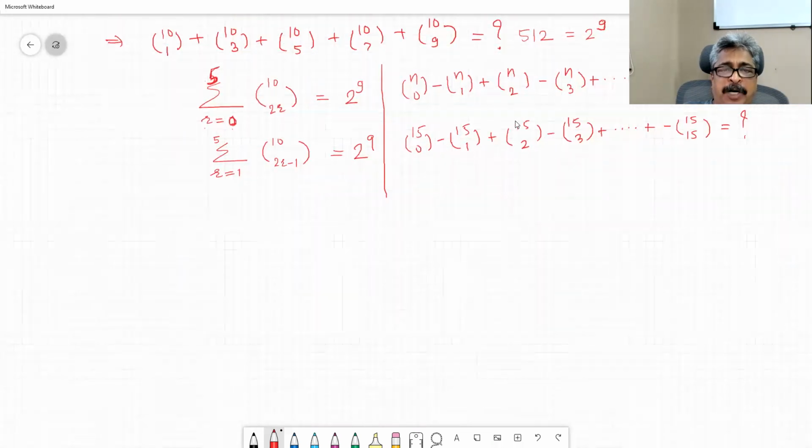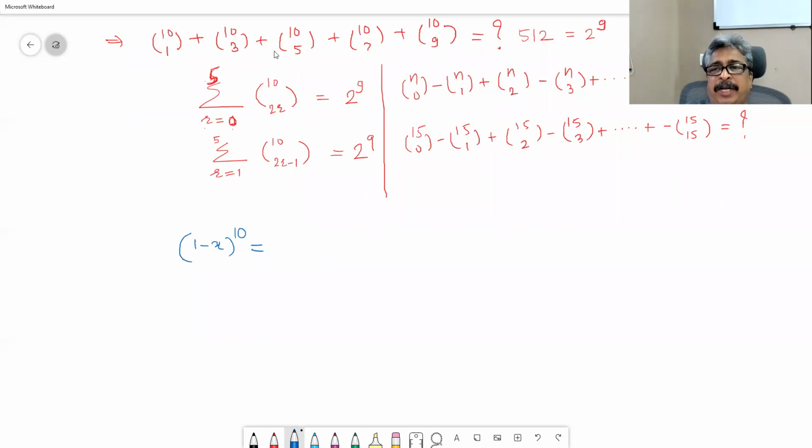Can you write the expansion of 1 minus x raised to 10? Write down expansion of 1 minus x raised to 10.